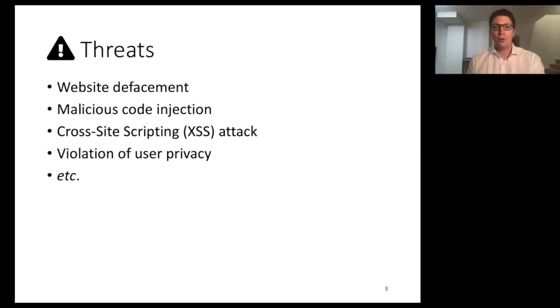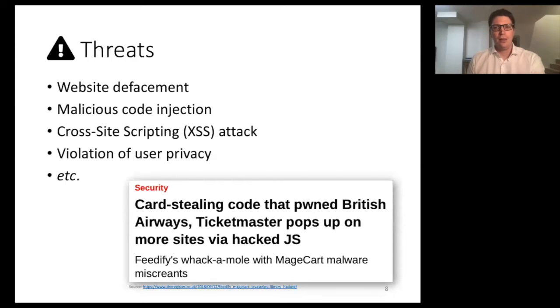And they even do so on login pages, payment pages, and so on, giving access to very sensitive information such as credit card numbers. And this is not a fantasy. It actually happened to British Airways, who got hacked through the inclusion of a third-party JavaScript file that they trusted but got modified by the attacker.